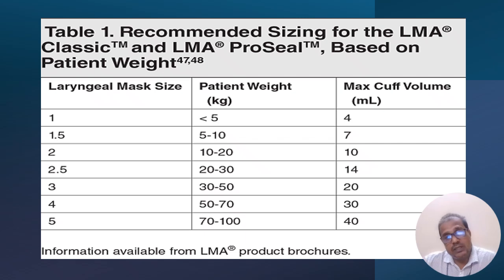If the patient weight is more than 100 kg, as we discussed, an obese patient is better to avoid LMA. So up to 100 kg, we will use the LMA. In a morbid obese patient, it is better to avoid the LMA.